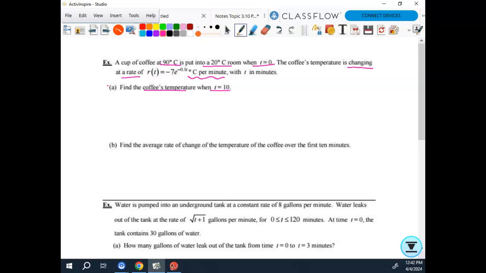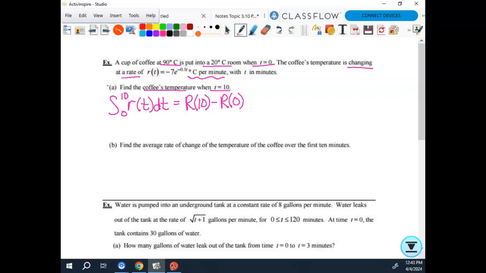I could set it up as, well, I know that the integral from, let's see, I'm starting at t equals 0, from 0 to 10 of r of t dt would be equal to, now, if I integrate little r, what do I get? Big R, right? This would give me R of 10 minus R of 0, right?